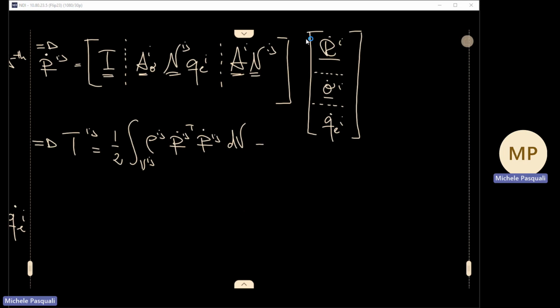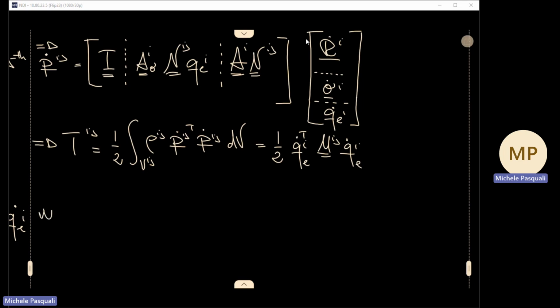And this, in turn, can be written, as we have seen, as one half of Q I E dot transposed applied over M I J applied over Q I E dot.